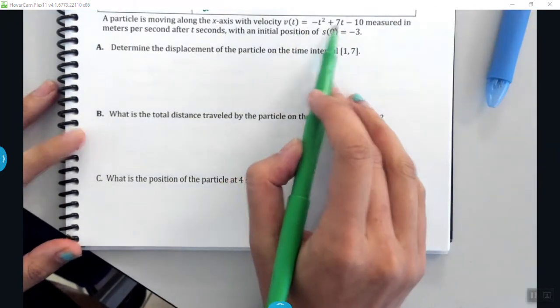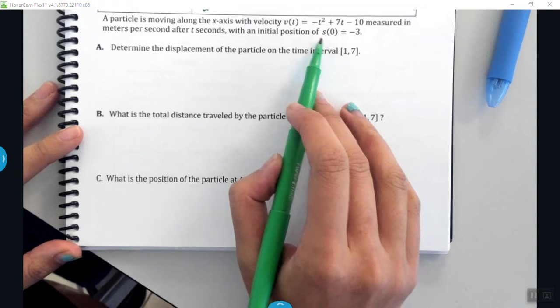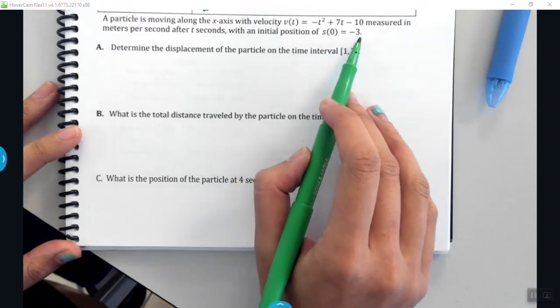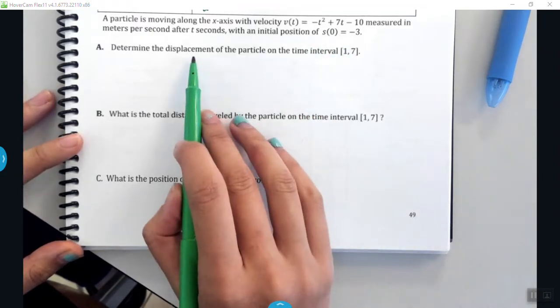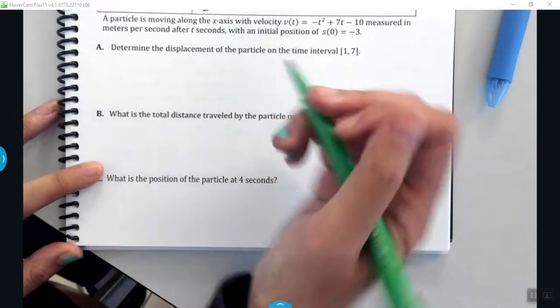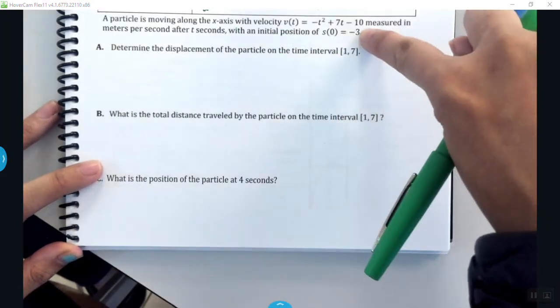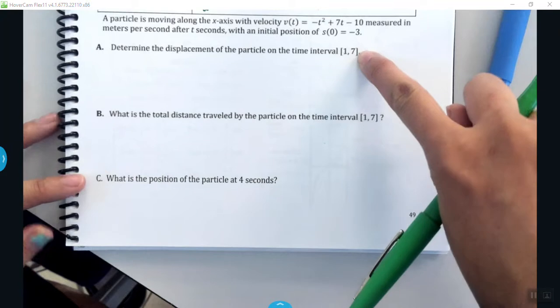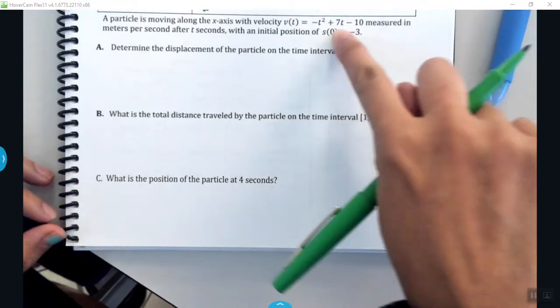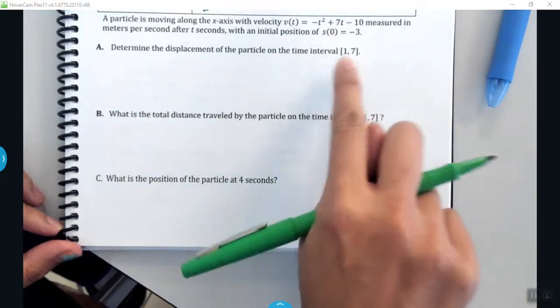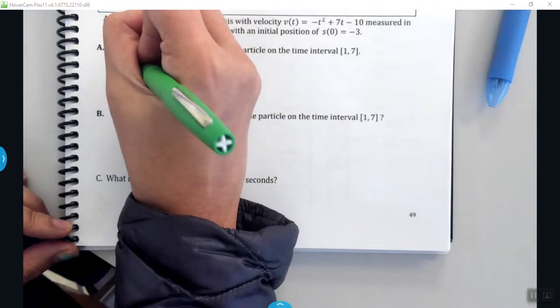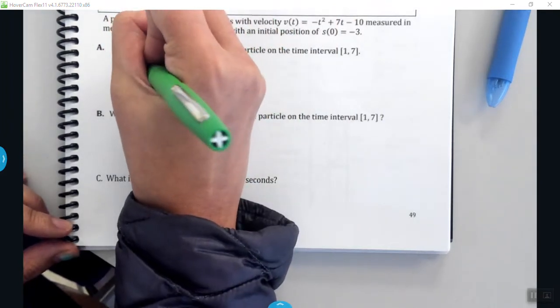Okay, so we've got a particle, and we have an initial position of s of 0 equals -3. I want the displacement from 1 to 7. Do I care about my initial position if I'm doing displacement? No. We have no care about where we started. We just need to know how far we traveled from 1 to 7.